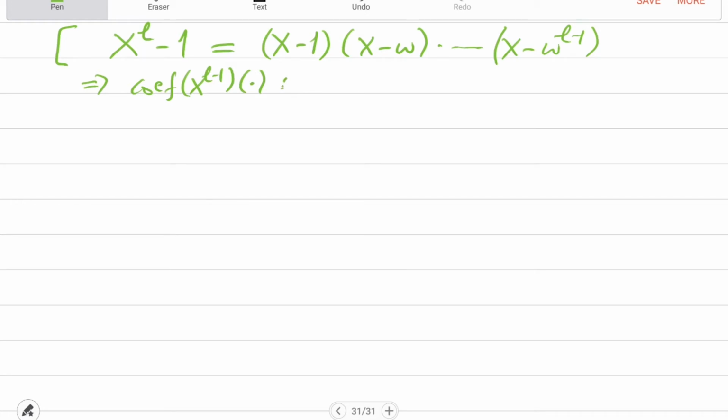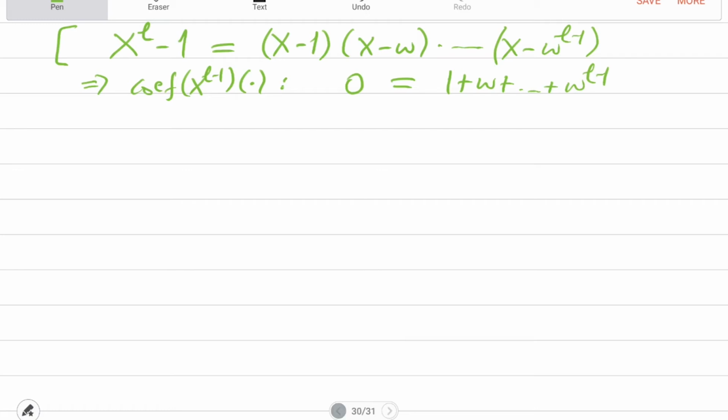On the left hand side it is 0, and on the right hand side it is, with sign, 1 plus omega and so on. So this means that the sum of omega to the i vanishes. That's the first thing.